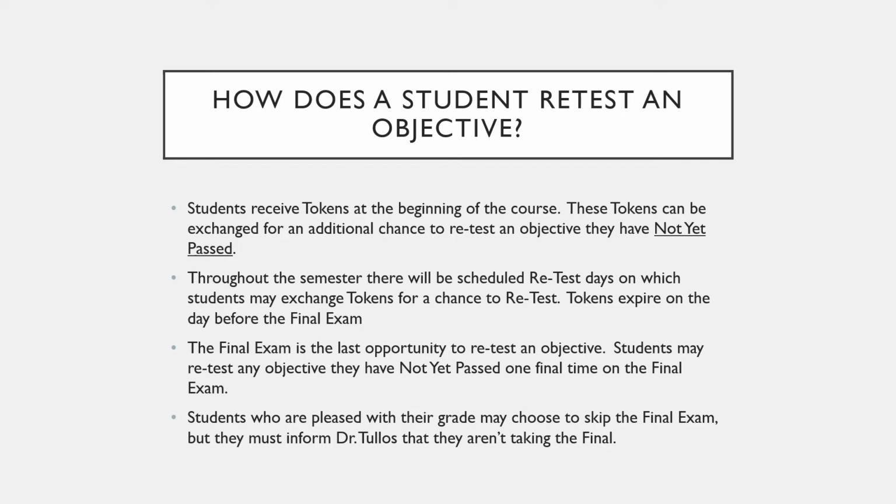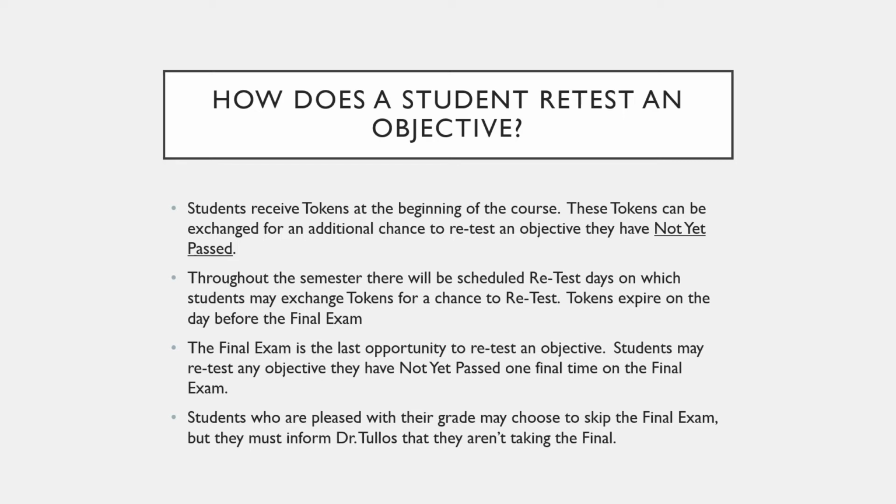Throughout the semester, there will be retest days. If you want the opportunity to retest an objective, you can come, turn in a token, and say, I would like to retest fundamental objective 2 or advanced objective 10. I'll give you another set of questions, different from the one that you previously saw, and you will have another attempt to make an 80%.